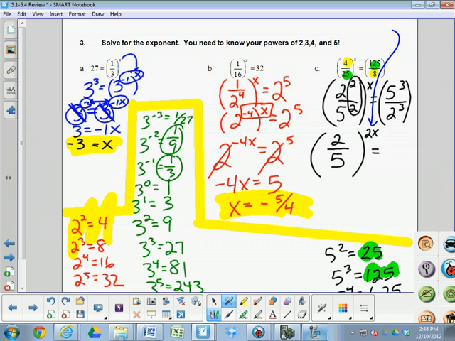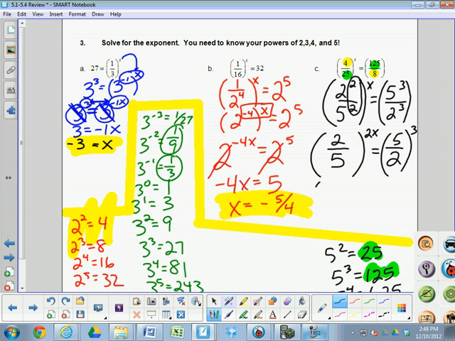Ready? Now, on the other side of the equation, you don't have 2/5. What do you have? 5/2 cubed. I'm going to bring the cube out. I just wish there was a way to turn 5/2 into 2/5. I can do it as long as I make its exponent negative.